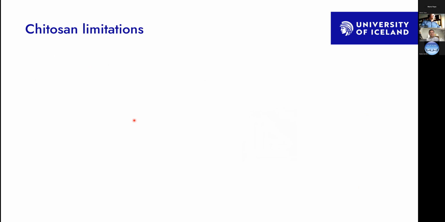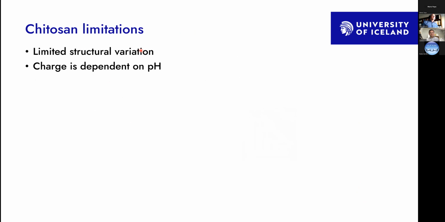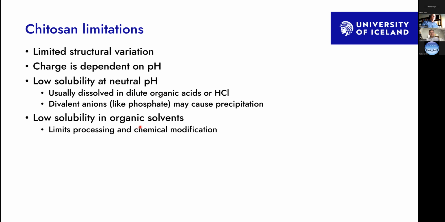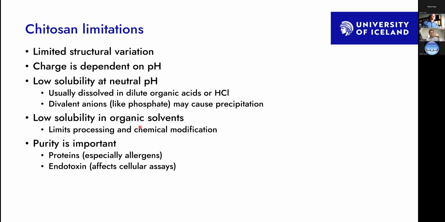And then I would maybe come to some limitations of chitosans, which I should say: limited structural variation, charge is dependent on pH, there is low solubility at neutral pH, and you can get precipitation with certain acids, and low solubility in organic solvents, and that's important when you're processing chitosan.